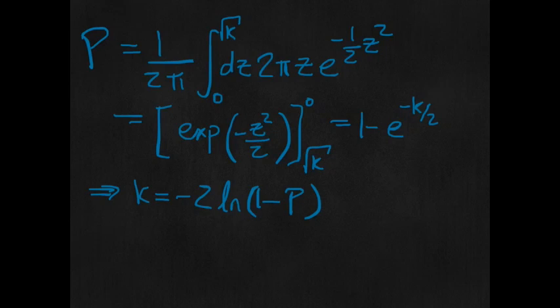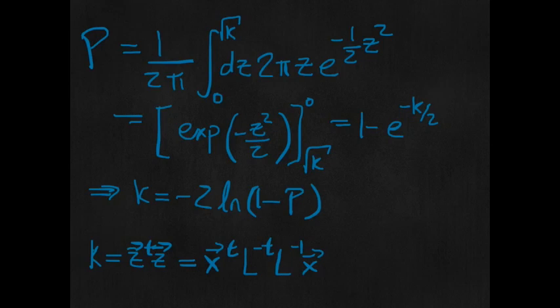Now, writing this back out, remember this is the radius of our circle, whose equation is given by k equals z transpose z, which is equal to x transpose L inverse transpose L inverse x, transforming back to our original coordinates.